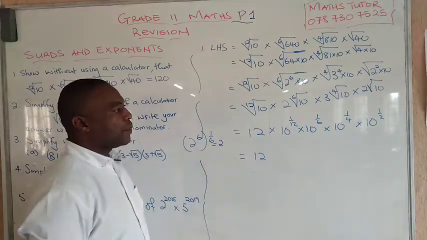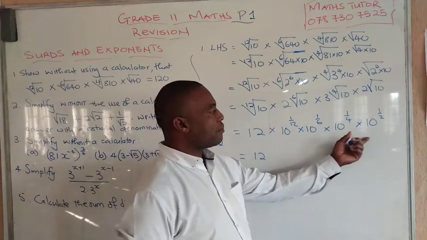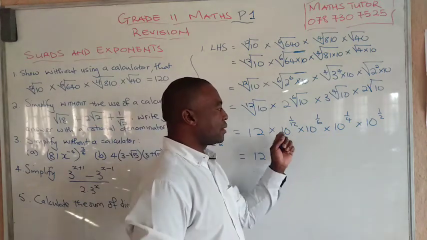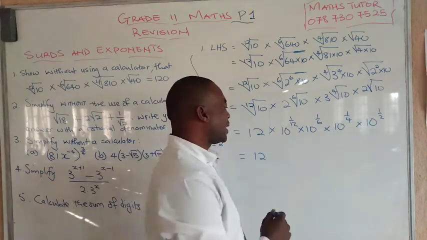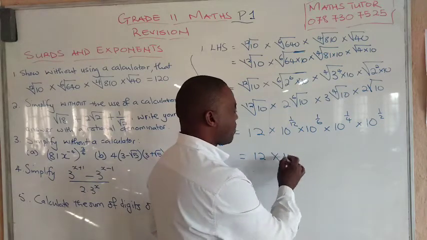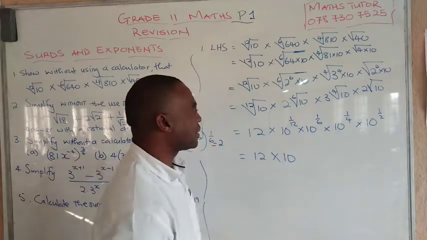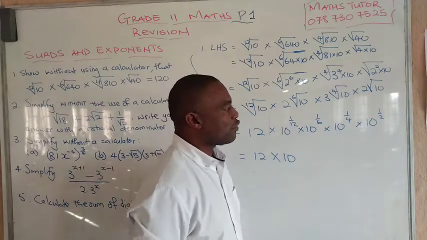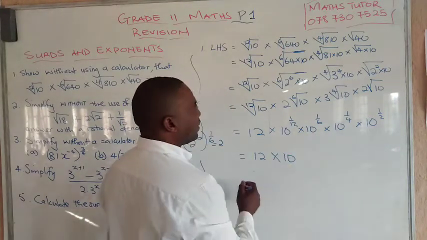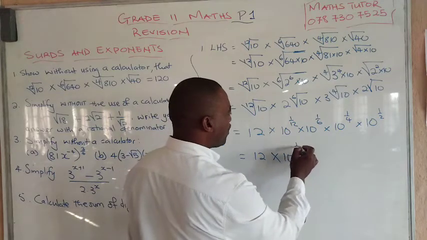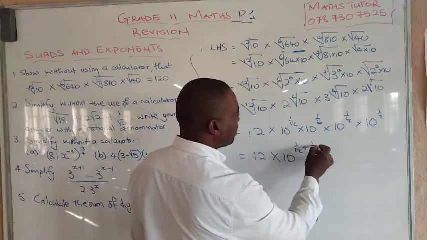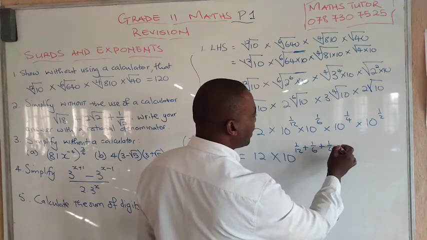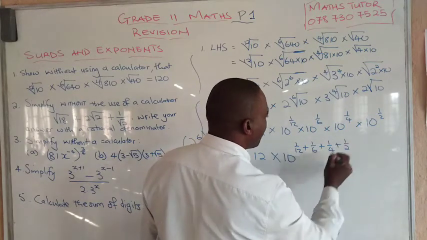Now, we understand that multiplying powers which are the same base, what do we do? We maintain the base and then we add the exponents. 1 over 12 plus 1 over 6 plus 1 over 4 plus half. For explanatory purposes, let's put it down because the examiner said we should not use a calculator.